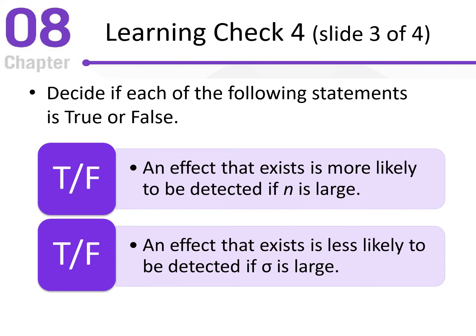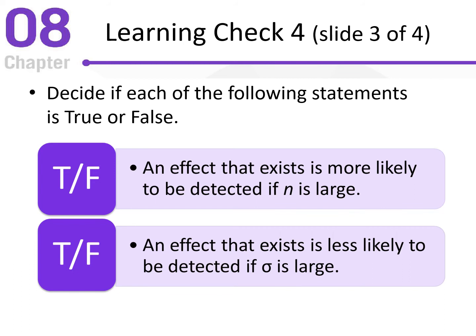True or false? An effect that exists is more likely to be detected if n is large. Well, that's what I was saying before. If your n, your sample size, is big, you're more likely to have a bigger z-score. Second one, an effect that exists is less likely to be detected if sigma is large.